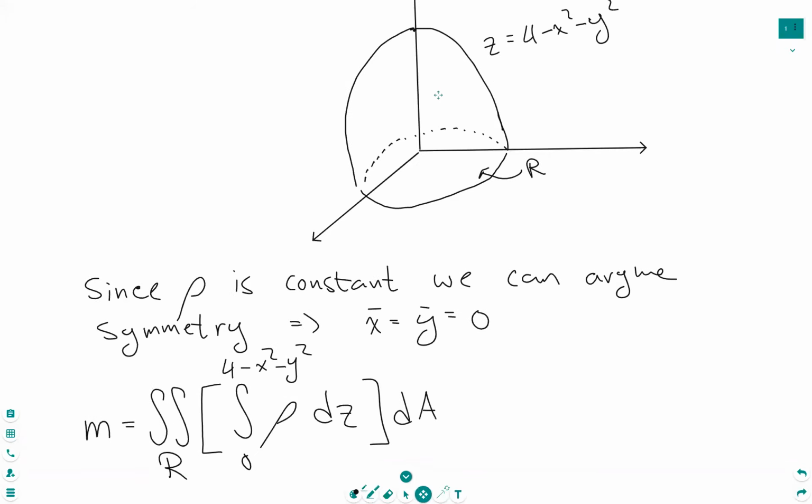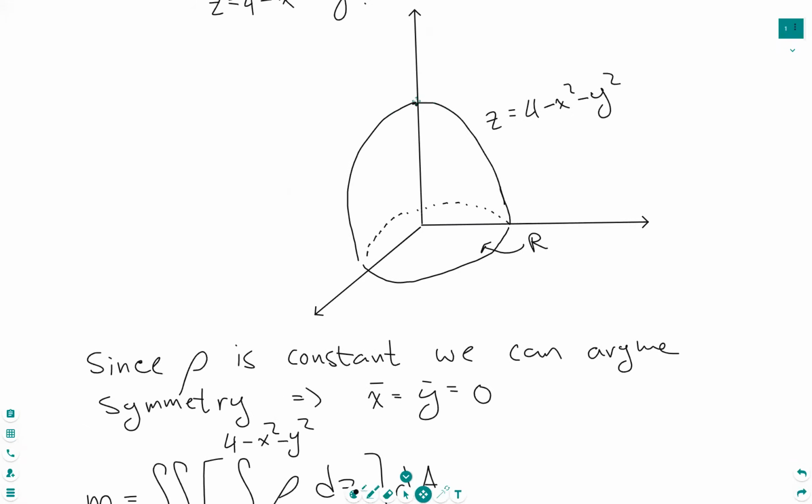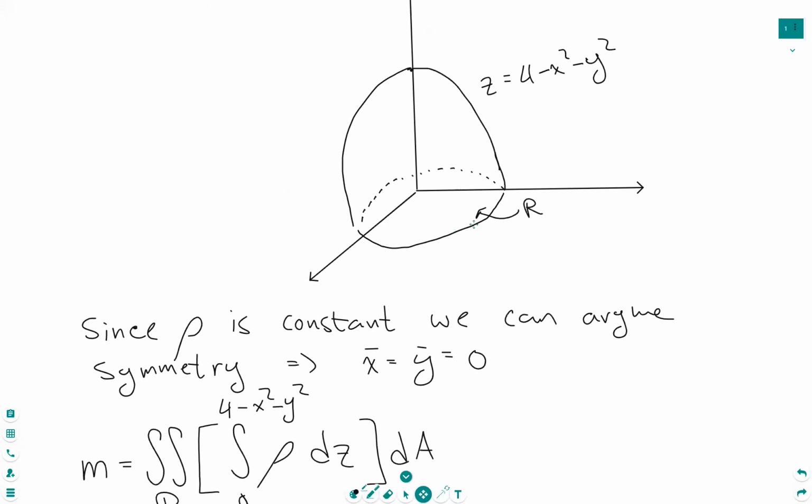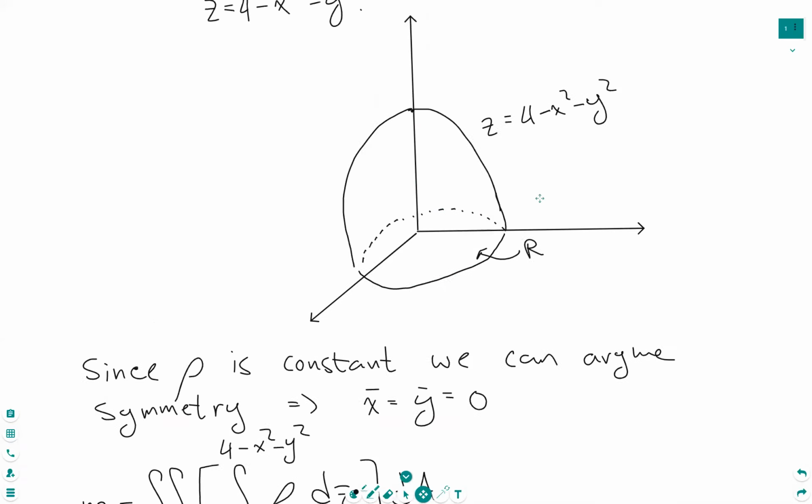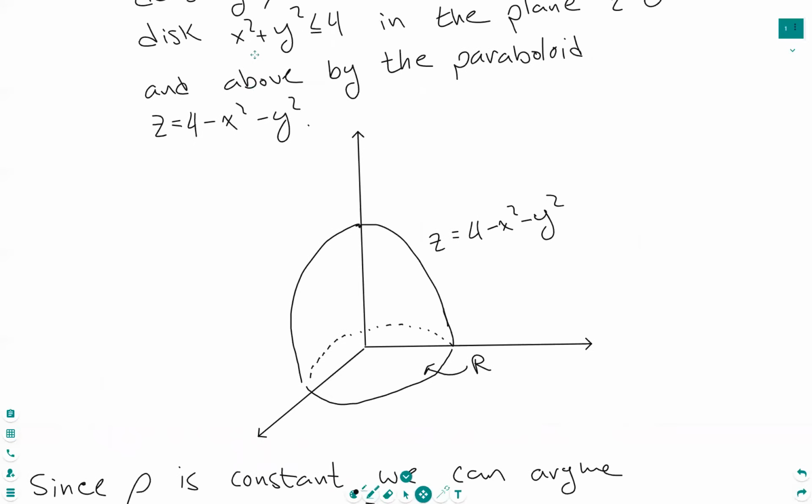The projection of this volume to the xy plane is this circle, the circle that's defined by x squared plus y squared is equal to 4.